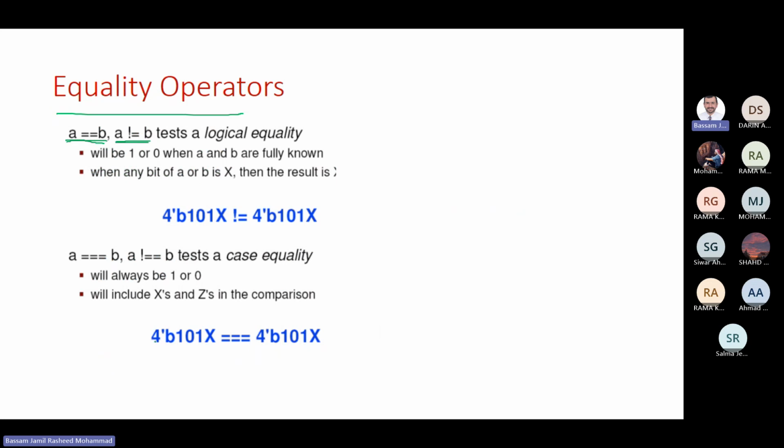If I have 3 instead of 2, it will allow me to consider the x's. So this value is equal to this value. This will be true. But if I have only these notations, the x's will result in an x in the relationship.